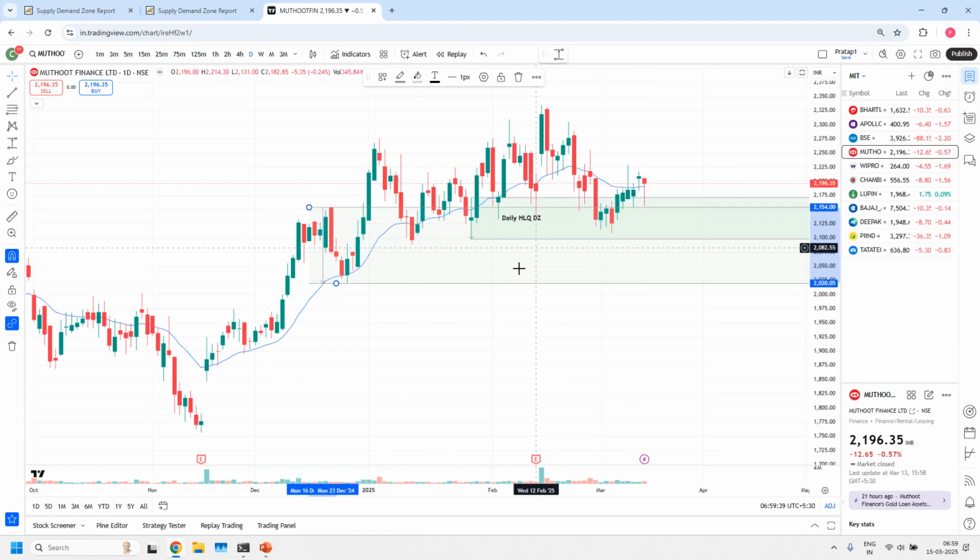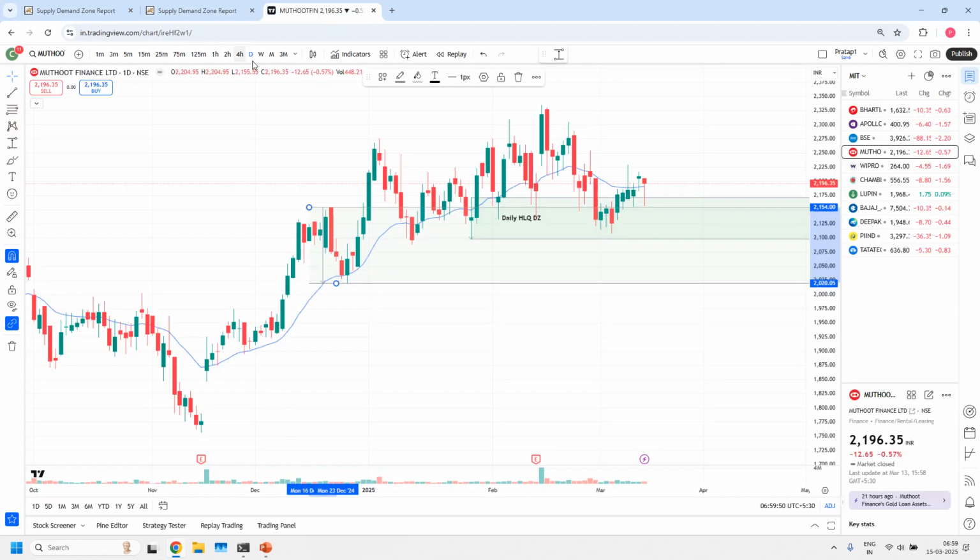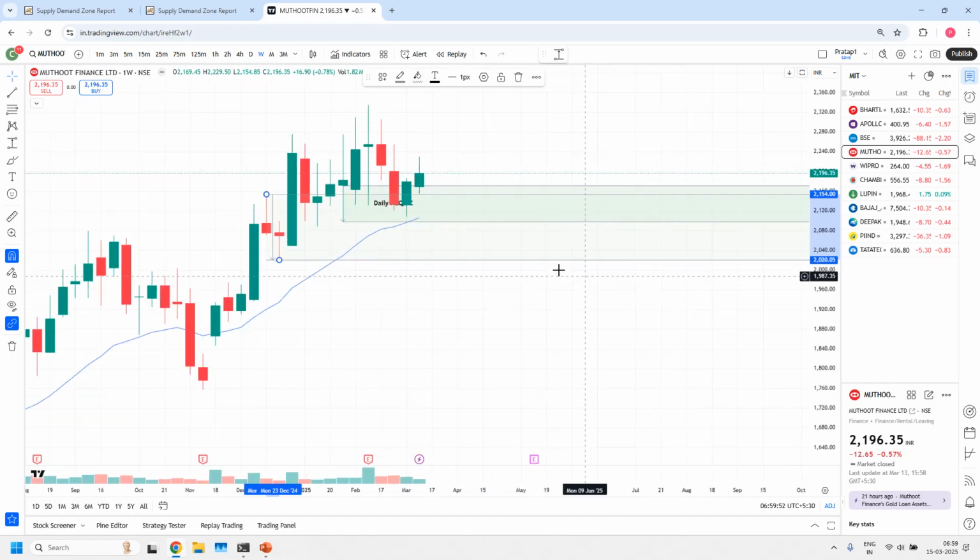Okay, anyway, Muthoot Finance is listed here. It is having even more high probability. Why? More high probability because of the EMA confluence. Which EMA? Weekly EMA confluence. See, the weekly zone having weekly EMA is also there within the daily also. It need not be, not required, but I am saying it is also there.